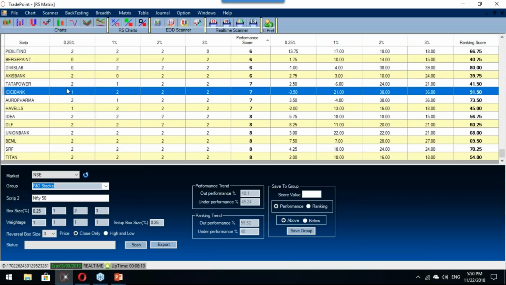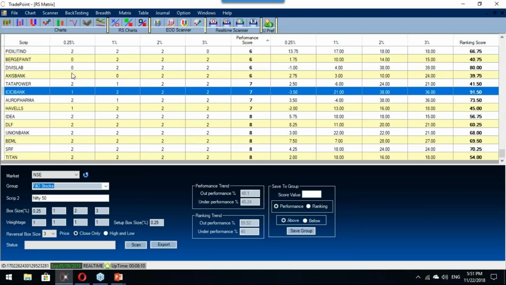But again, what you need to realize is, though this is a positive score, the relative strength chart is going to be in a column of O. In ICICI Bank, a score of 1 basically means a buy signal has been triggered, but we are in a column of O, which basically means over the last few days, ICICI Bank is underperforming in relation to the Nifty.